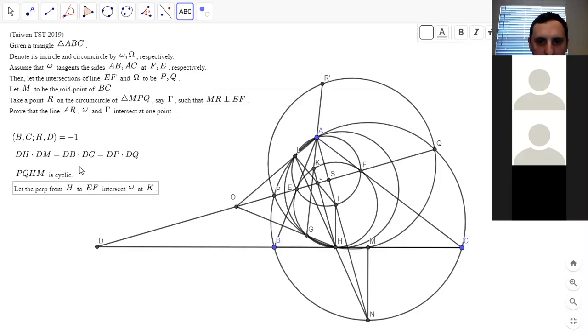And then first we're going to show that AK and G are collinear.